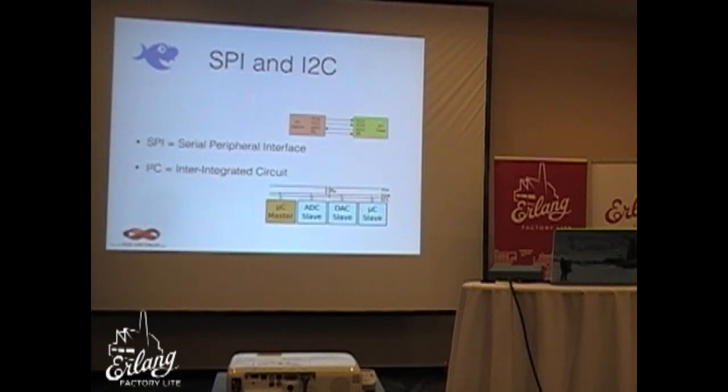Then there is I2C, and this is a bus protocol, and it has 2 lines, so it's data and the clock line, and then also power and ground, of course. You always have power and ground. And this is also a master-slave protocol.